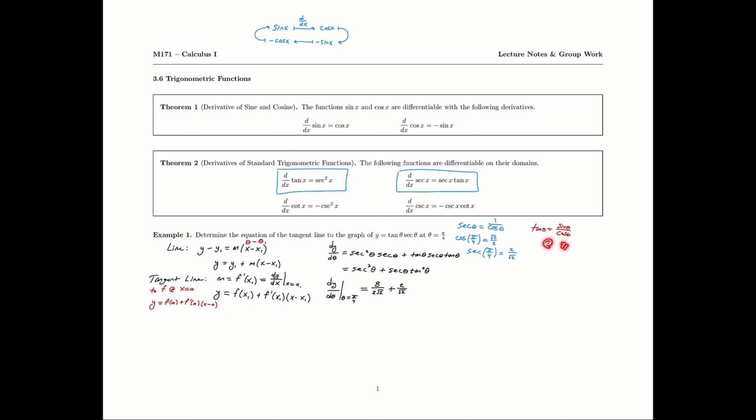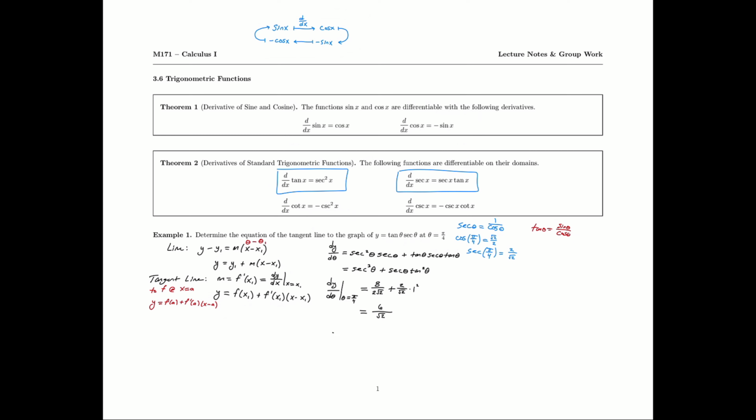So this ends up becoming just times 1 squared. If you simplify all of that, and add them together with a common denominator, this should be 6 over root 2. So that's the slope of our tangent line, not our final answer.